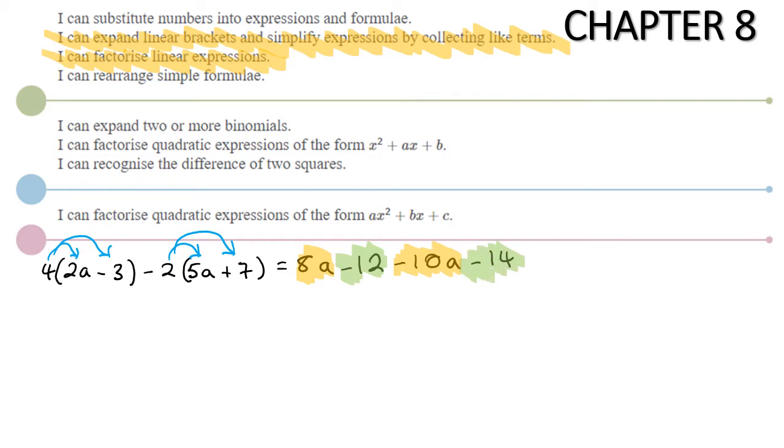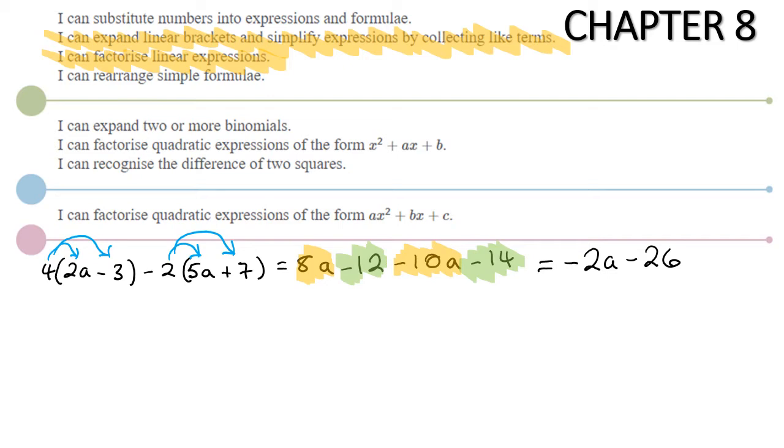So if I put those together, what I'll get is negative 2a minus 26. Okay, so in the first part we expanded, and in the second part we simplified. So that negative 2a minus 26 will be our final answer. So there we expanded the brackets and simplified.